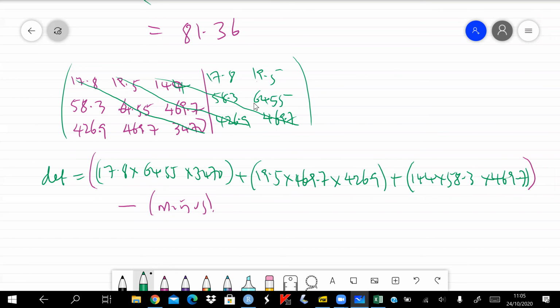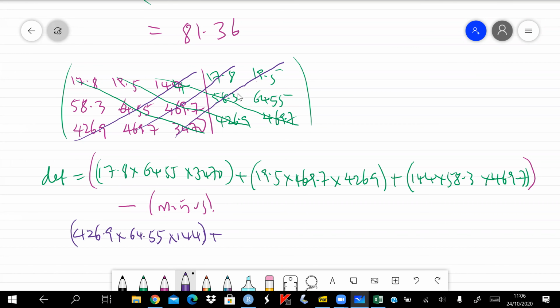This is minus the other. On the other side we have this, we have that, and then we have this. So we have 426.9 times 64.55 times 144, plus 469.7 times 469.7 times 17.8.